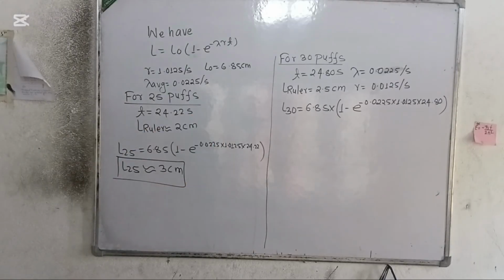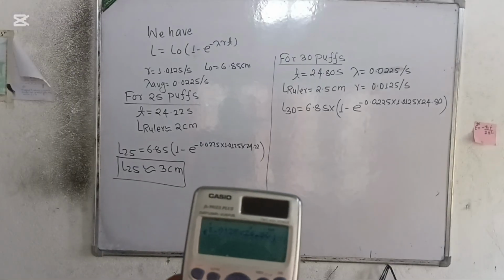So again I'm going to do the same experiment for our L30 puffs. It is going to be 6.85 into 1 minus exponential negative 0.0225 into 1.0125 into 24.80, and this much.